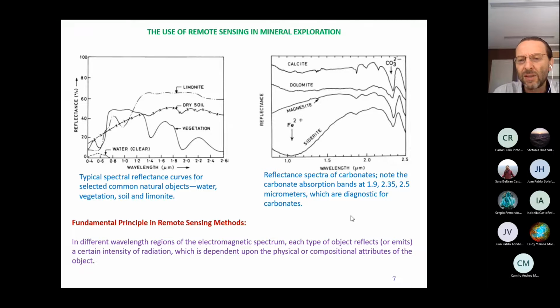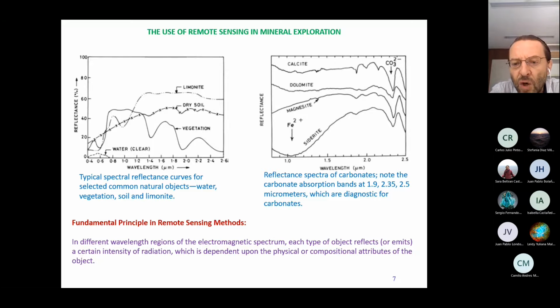In mineral exploration, as you can see here on the right, for instance, we have the reflectance spectra of carbonates. If we know that a certain type of carbonate is part of an alteration, we might be interested in mapping the distribution of this mineral.